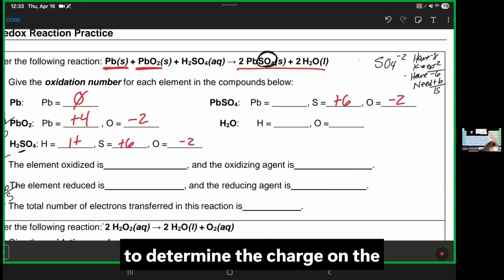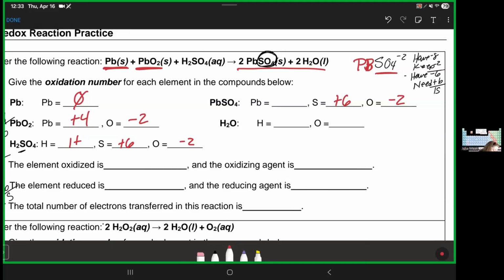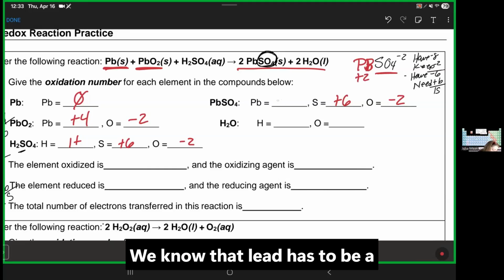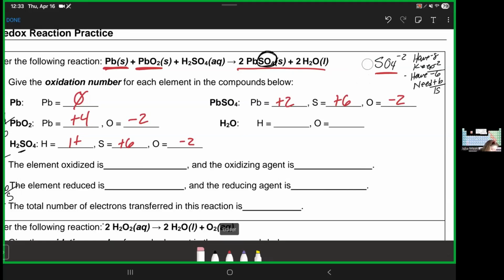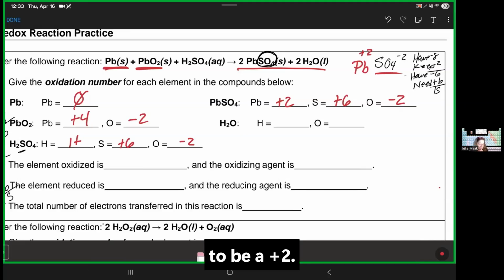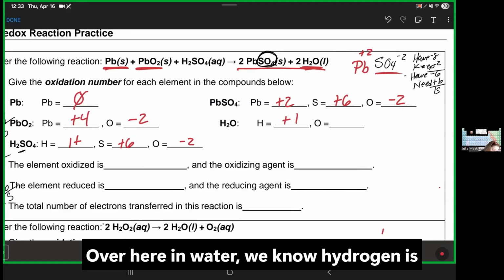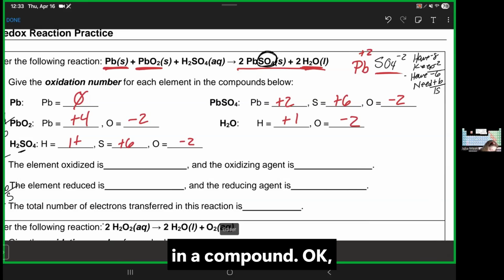So now to determine the charge on the lead sulfate, if sulfate is a -2, we know that lead has to be a +2 on that one. Right? Because to equal 0, it's got to be a +2. Over here in water, we know hydrogen is +1 in a compound, oxygen is -2 in a compound.